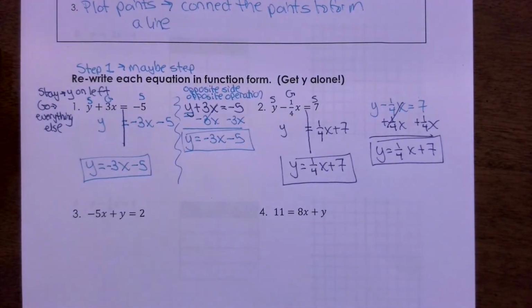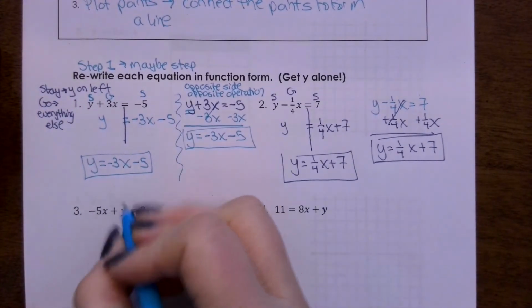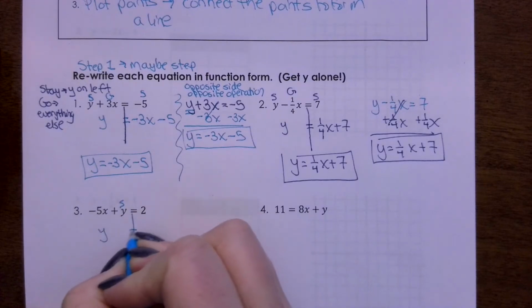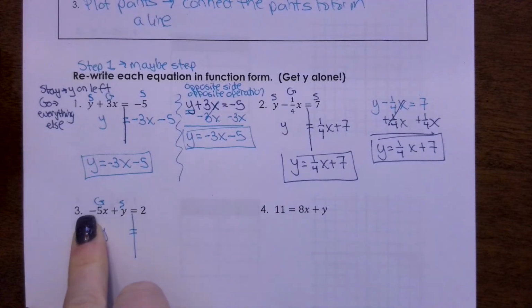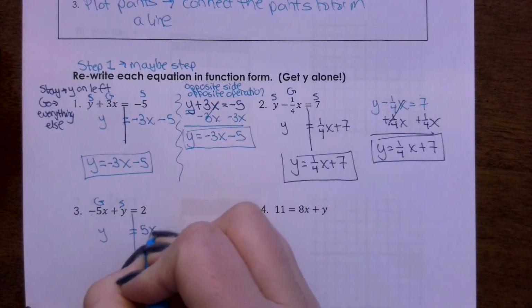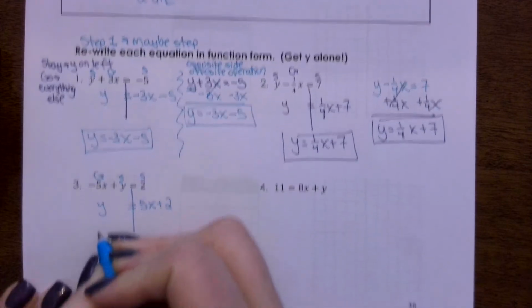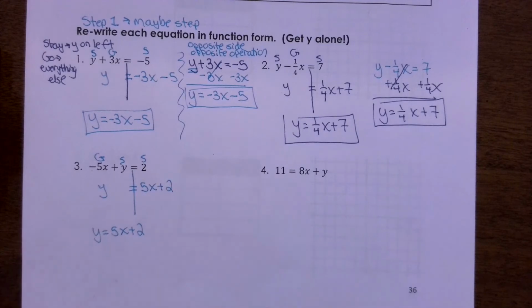All righty. So let's take a look at this one. I want the y to stay over here. So it will stay. This needs to go to the right. So it's going to go over as a positive 5x, and this will stay on the right as a positive 2. So my equation is y equals 5x plus 2.